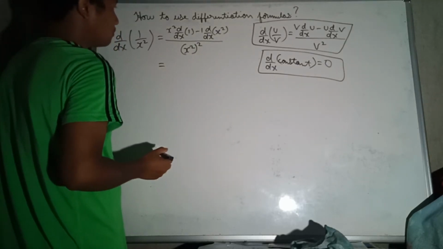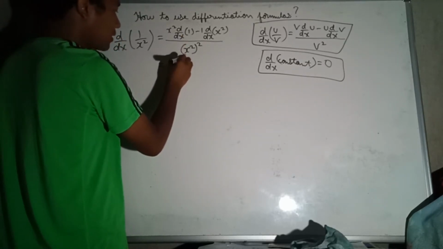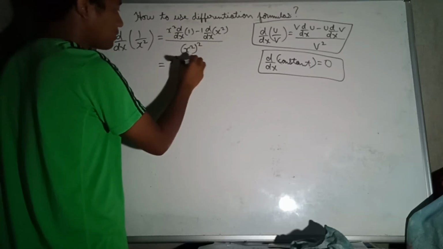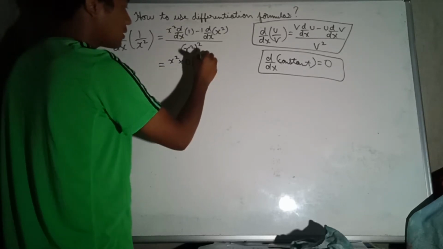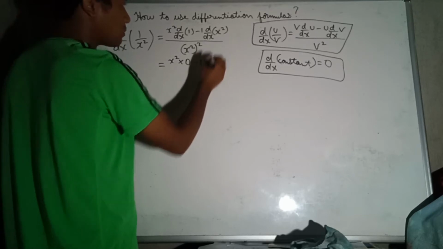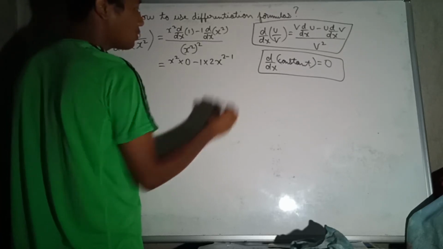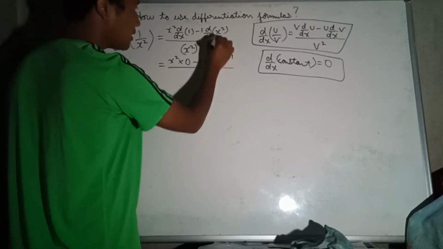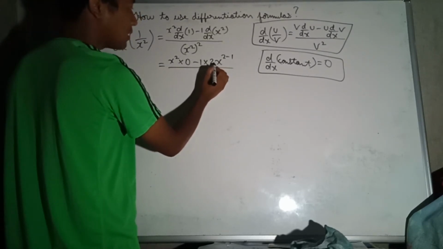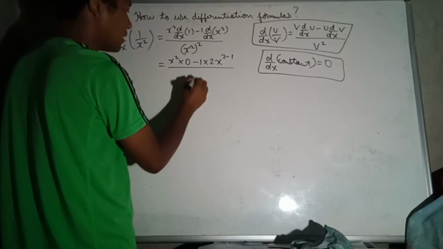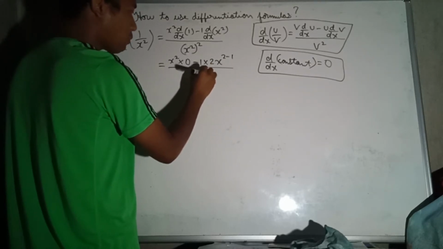So this is equal to x squared into d/dx of 1, which is 0, minus 1 into d/dx of x squared, which is 2x to the power 2 minus 1, using the d/dx of x to the power n formula. The x squared whole squared is x to the power 4.